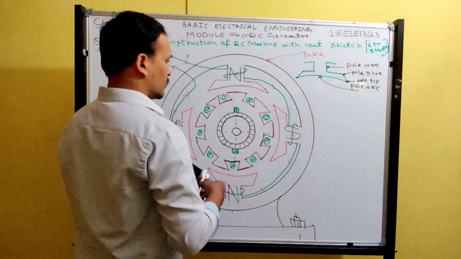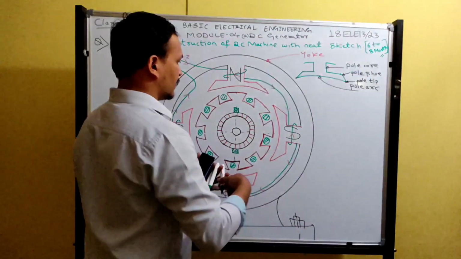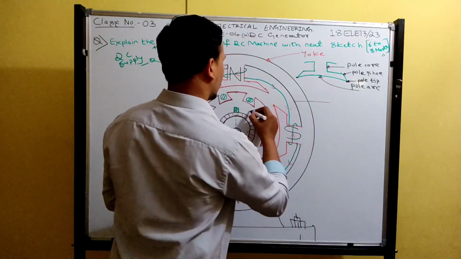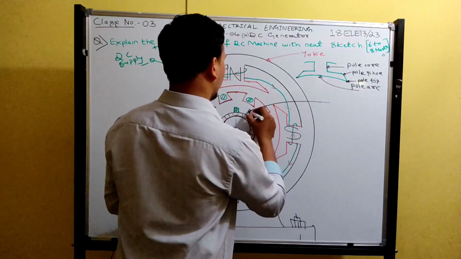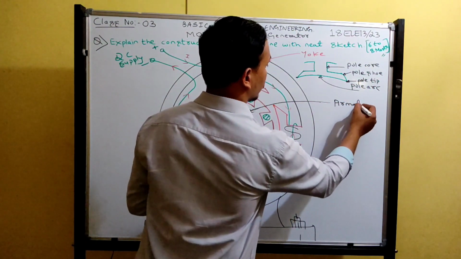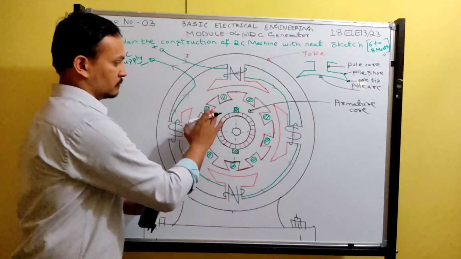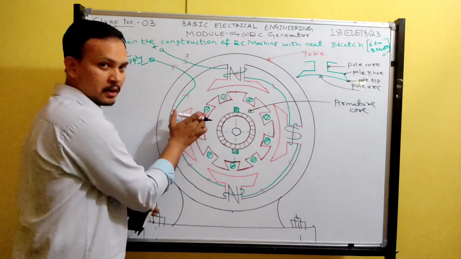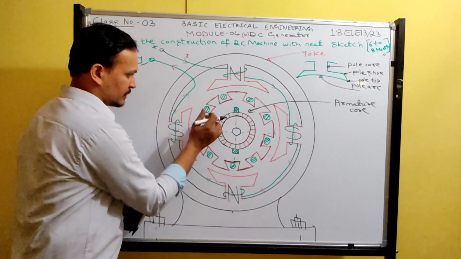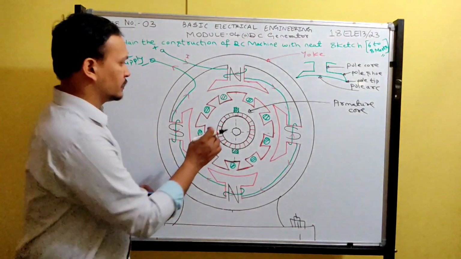So next this entire thing. Okay, this entire thing is called armature core. Okay, sorry for that. See, this entire thing. Okay, this conductor, armature, this open part is there now. That is called armature slot.